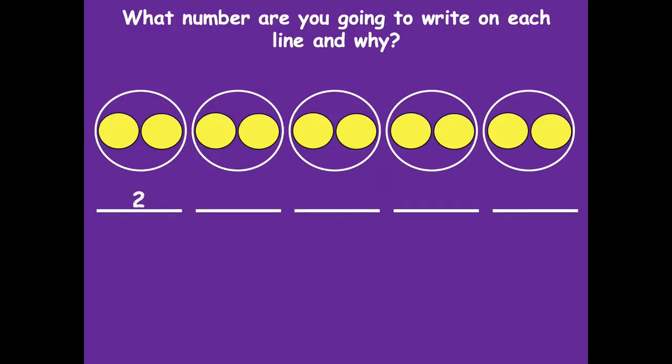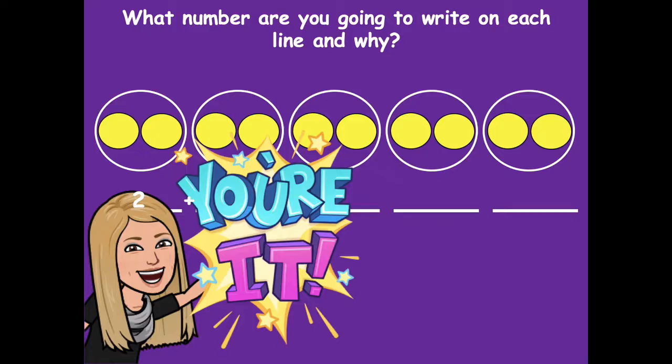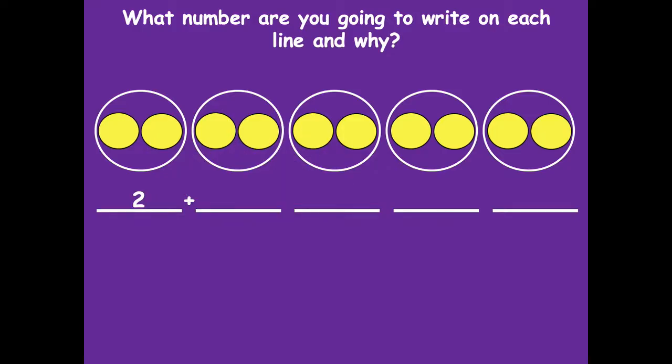We're going to write 2 on each line because there's 2 in each group, and each line goes along with each circle. So go ahead and pause the video, and you're going to write the plus sign in between each group as you go. So it'd be 2 plus, fill that in, and then click play when you're ready for the next step.